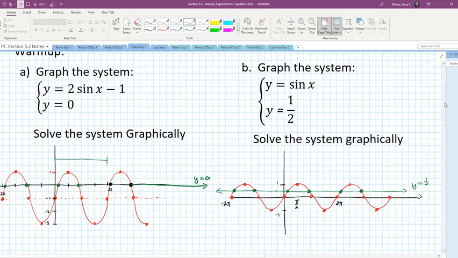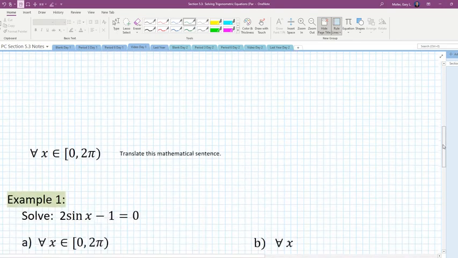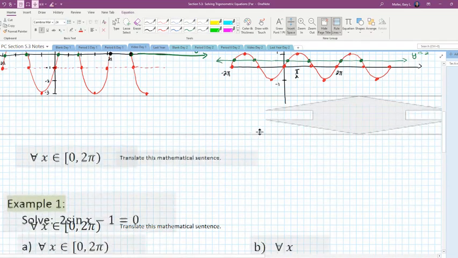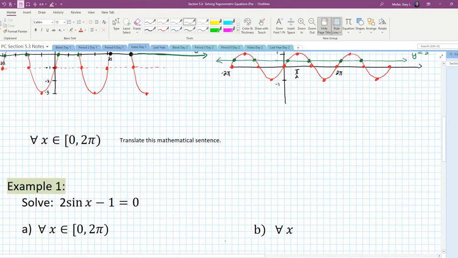So that brings us to what we're here to discuss, of course. Hold on, a little bit of language we need to learn, and then we'll get to today's lesson. So what do we have here? Translate this mathematical sentence. All right, so first of all, this symbol right here means for every.